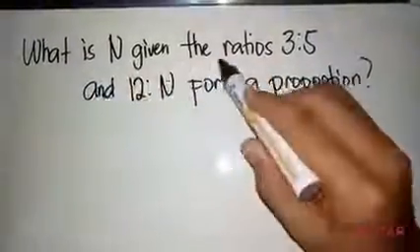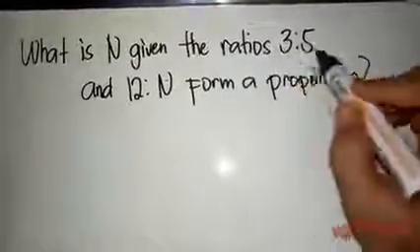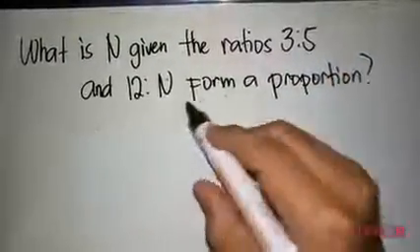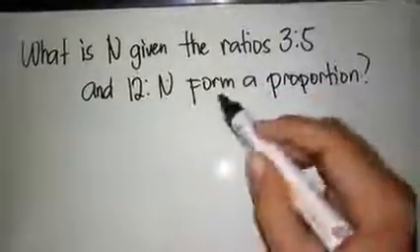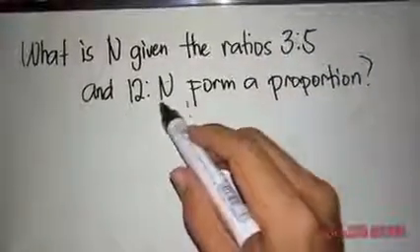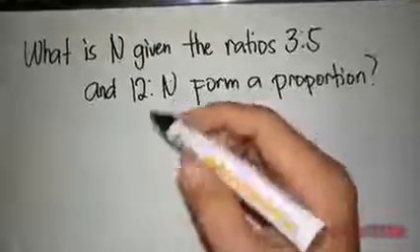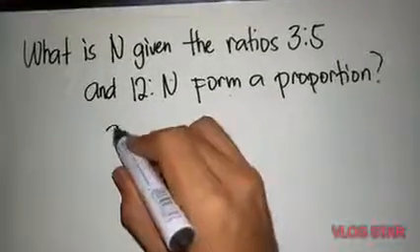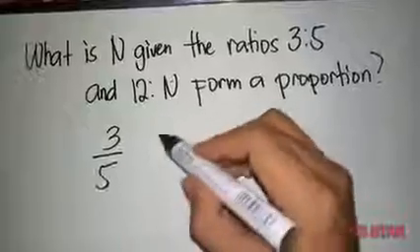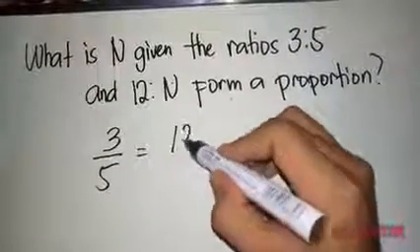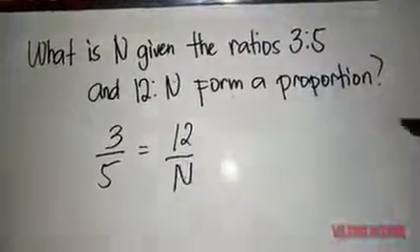What is n, given the ratios 3 to 5 and 12 to n form a proportion? Since these two ratios form a proportion, we're going to find the value of n. Let's write it in fraction form: 3/5 is equal to 12/n.